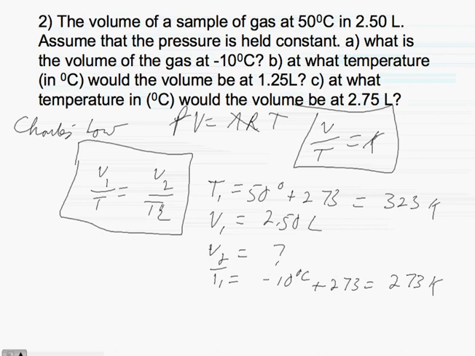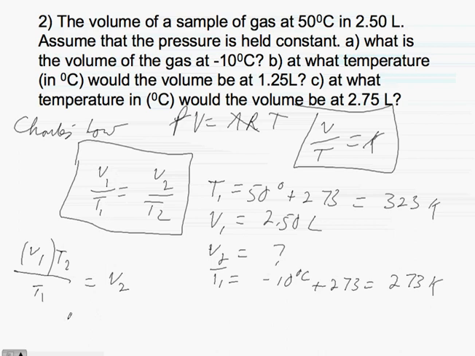I then take the data that I have and substitute it back into my equation. I'm looking for V2, so I multiply both sides by T2, which means V1 times T2 divided by T1 gives me V2. I substitute this information back into the equation.